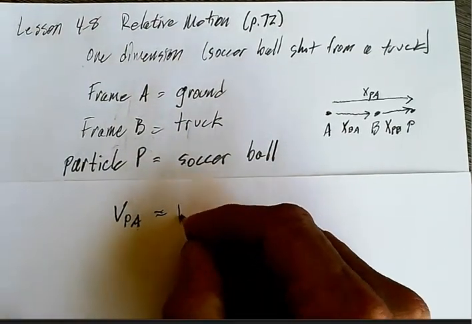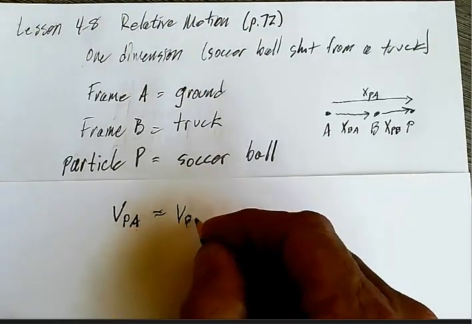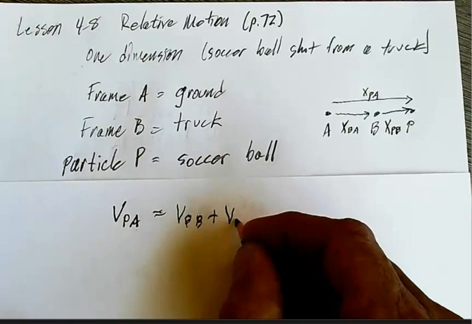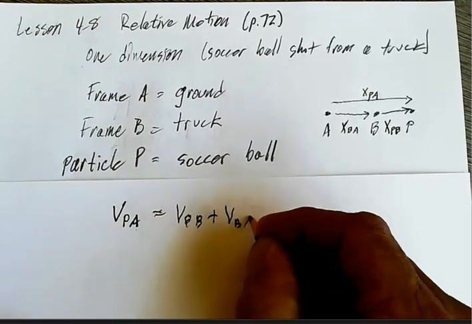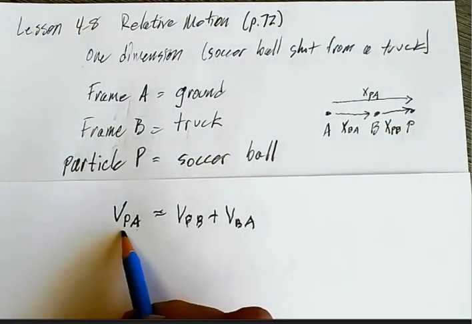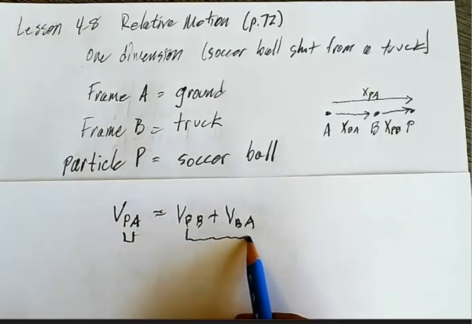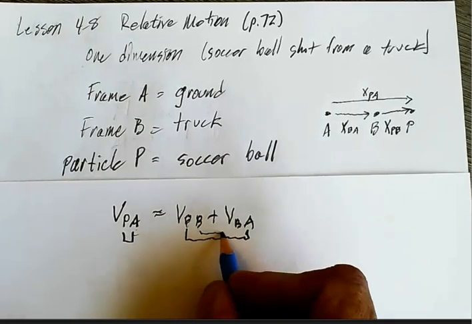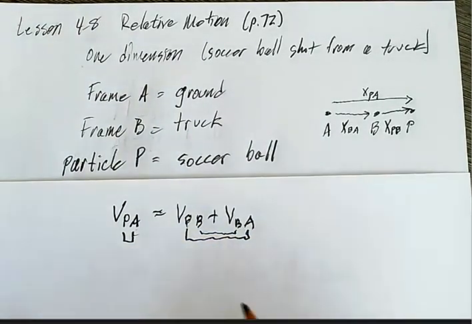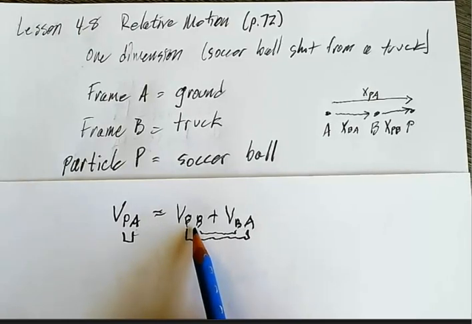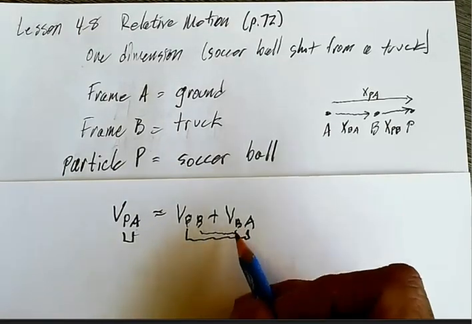Remember, I'm just going to say V_PB plus V_BA. I know that's correct because here's my first subscript, there's my last subscript, and the inside subscripts match.